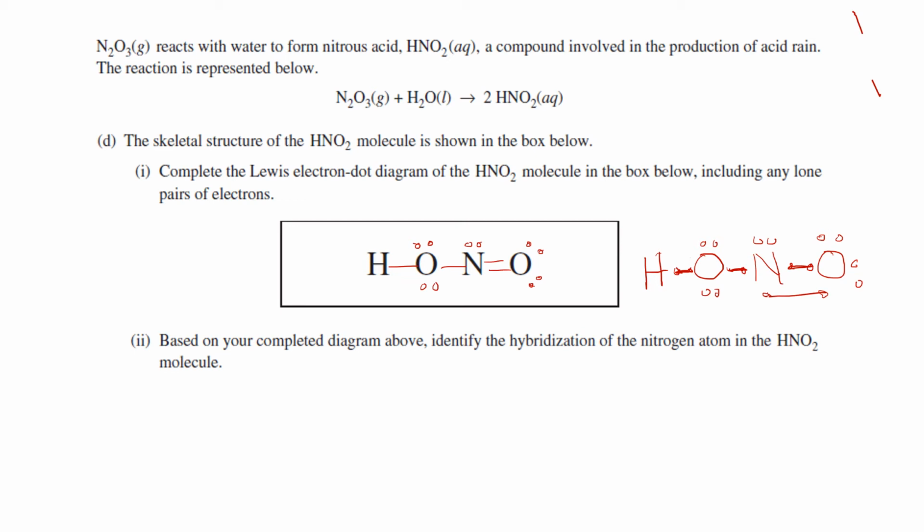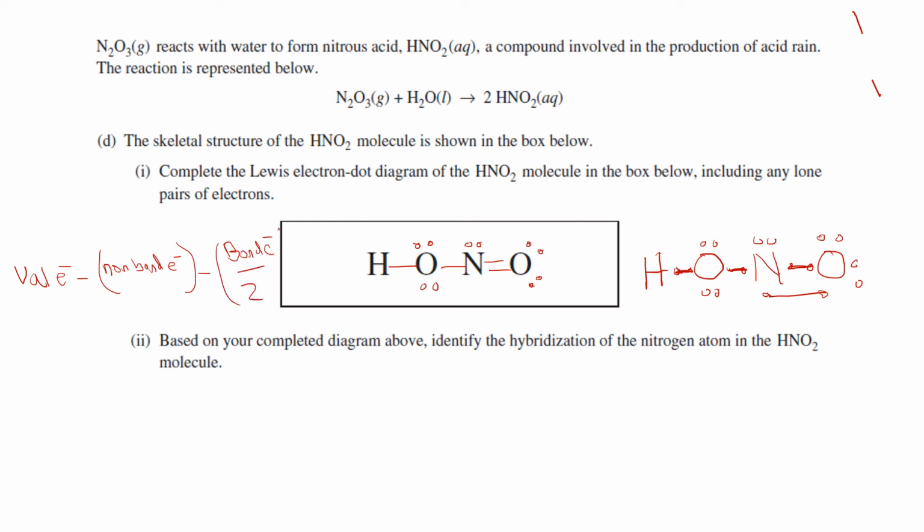The way we check formal charges is we take the number of valence electrons and we subtract from it the total number of non-bonded electrons, and we subtract from that the bonded electrons divided by 2.